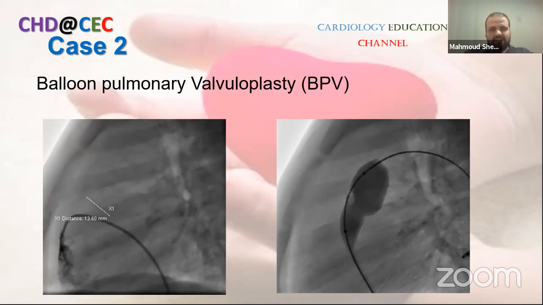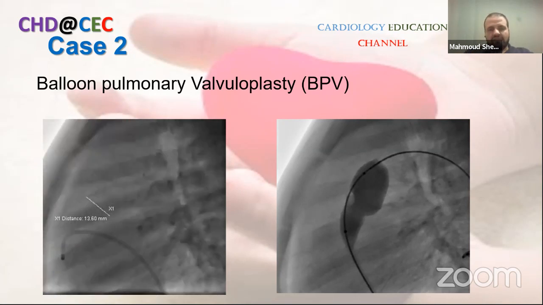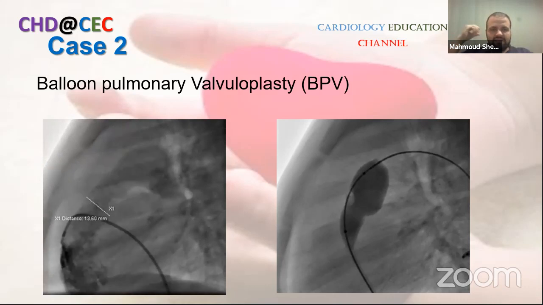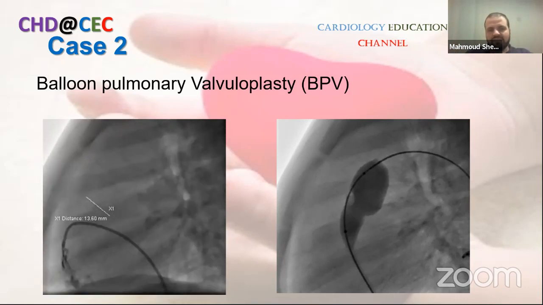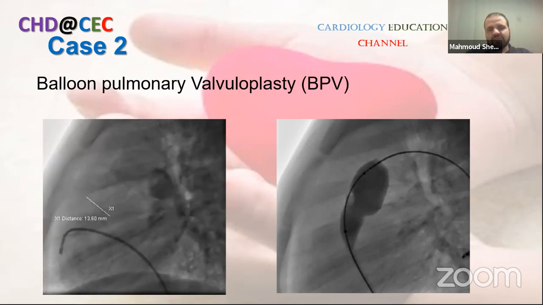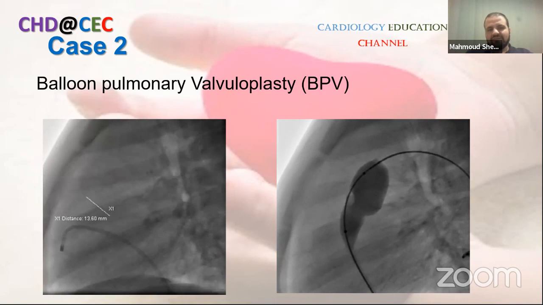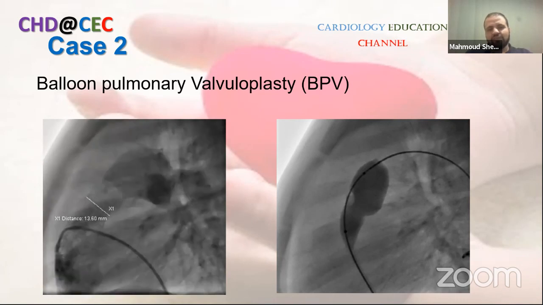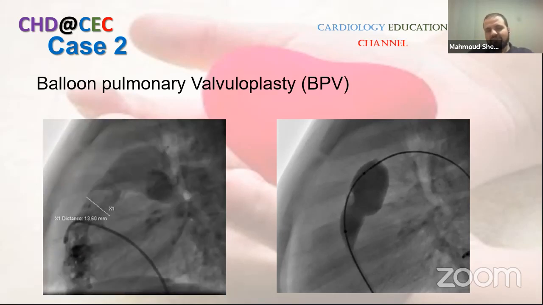The other factor, as Khaled mentioned, is the balloon size itself, and the morphology of the valve. Some valves are also dysplastic without regurg, but they are thickened and bicuspid or have myxoid leaflets, especially in syndromic patients. So you wouldn't expect the degree of regurg after dilatation. Anyway, you need to unload this ventricle from severe pressure overload.